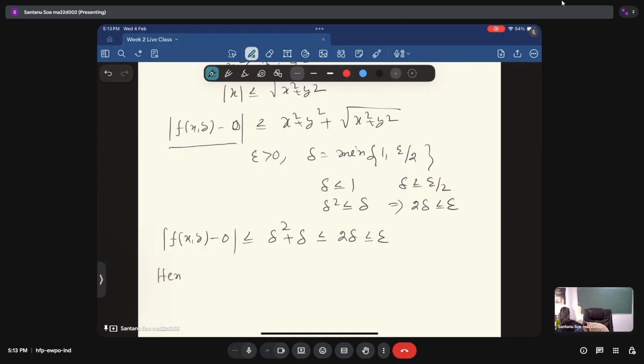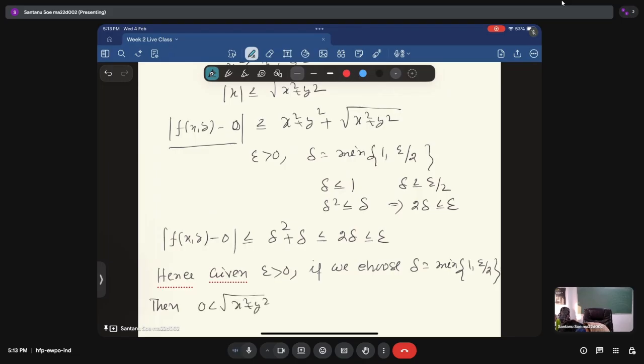Hence, given epsilon greater than 0, if we choose delta equal to the minimum of 1 and epsilon by 2, then 0 less than square root of x square plus y square less than delta will imply |f(x,y) minus 0| less than epsilon.